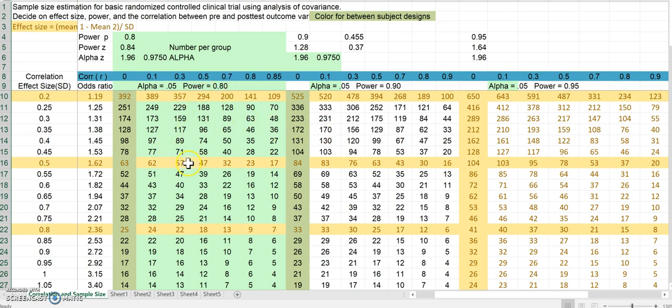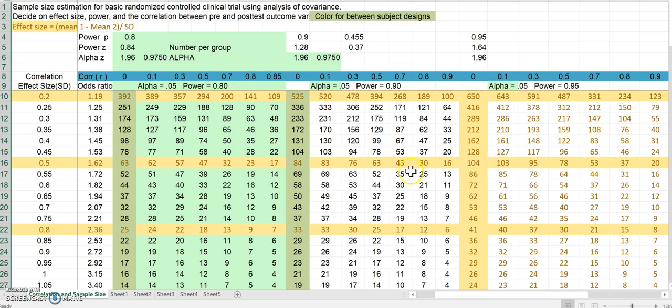They do a power of 0.8, although that means that they have a 20% chance, over on this end, of making an error, of not rejecting the null hypothesis when it's false, failing to find the cure for cancer, for example. Whereas over here, you only have a 5% chance of not detecting that cancer cure of at least a half a standard deviation.